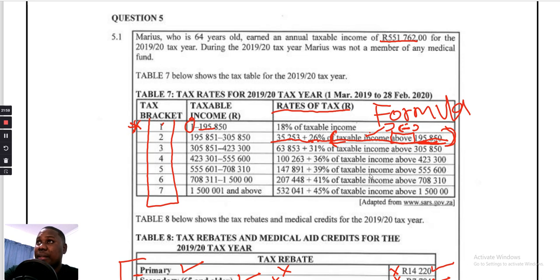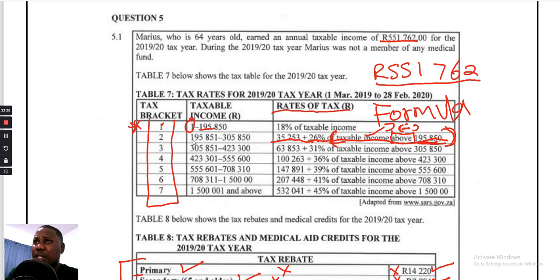So the taxable income here is 551,762. Now we go into our brackets. We're going to check where this amount falls in. Is it between 195? No, then we scratch it. We go to the next bracket.